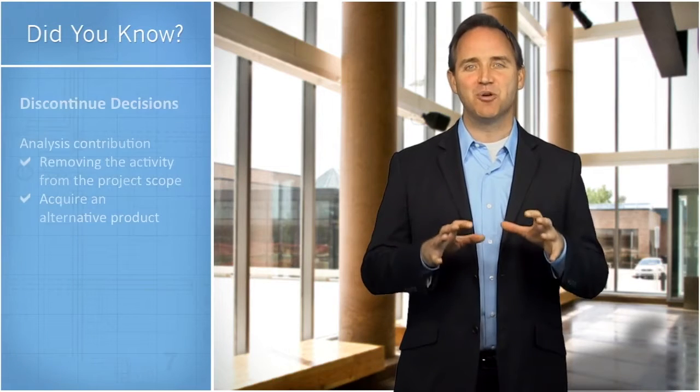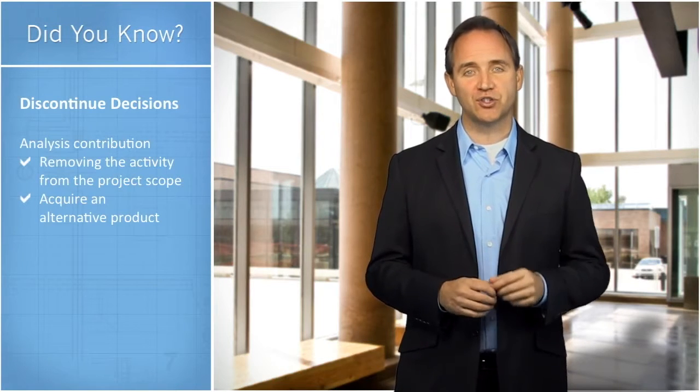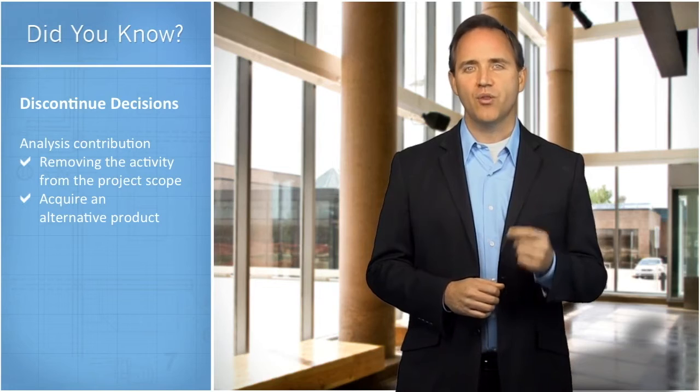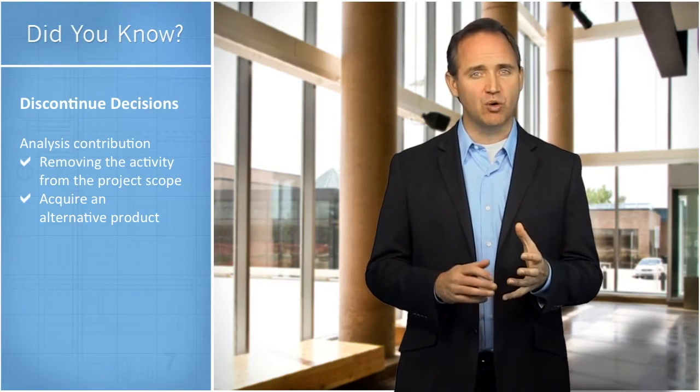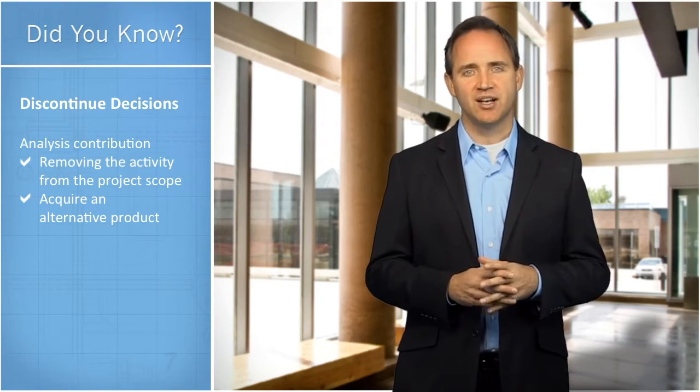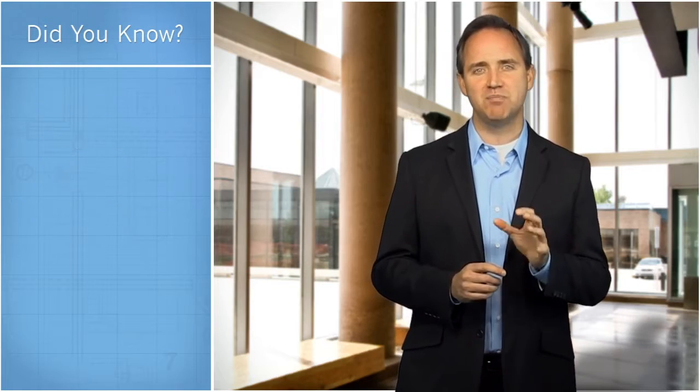It may also incorporate decisions to discontinue work on a work package, thereby removing the activity from the overall scope of the project. Or the project manager may choose to acquire an alternative product based upon the alternative's ability to meet the overall project requirements and other project constraints.